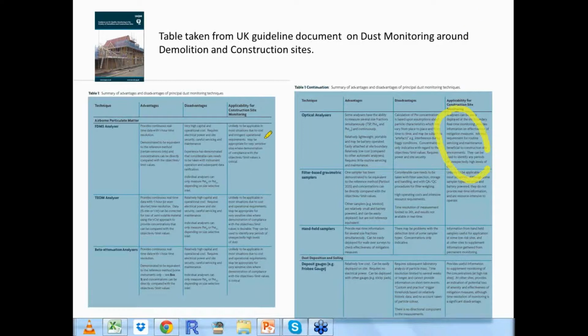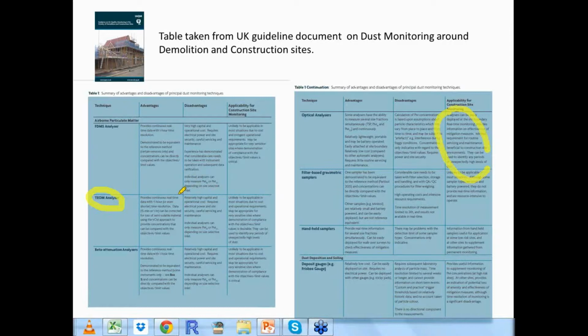But if you look at some of the other instruments, consider the TEOM, which, if you remember, is an equivalence method. Because these instruments are typically used for long-term municipal monitoring networks, they're less suitable for use on construction sites, demolition sites and mines.